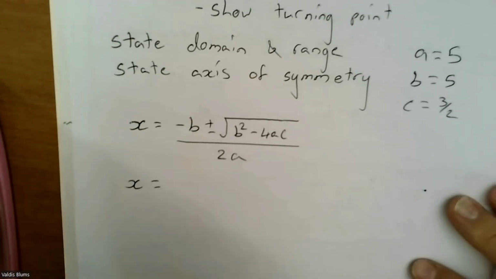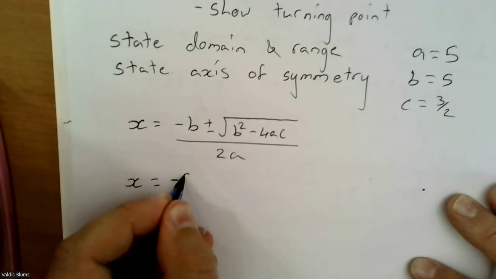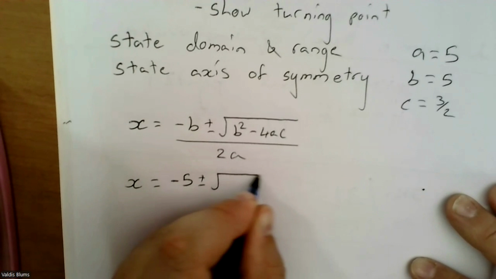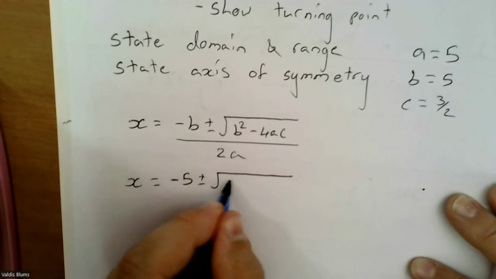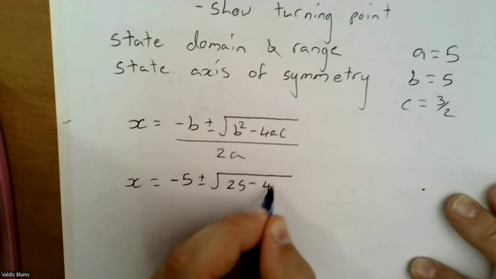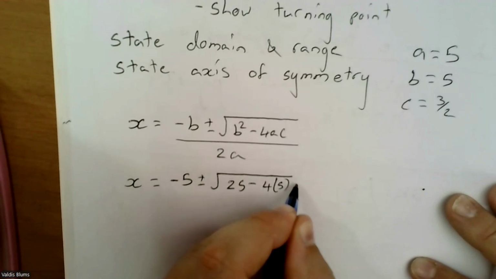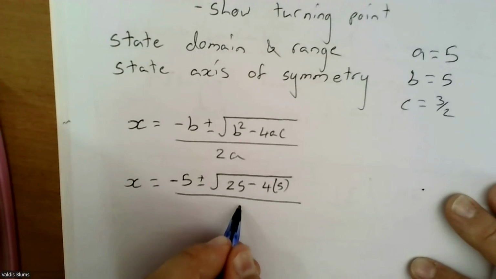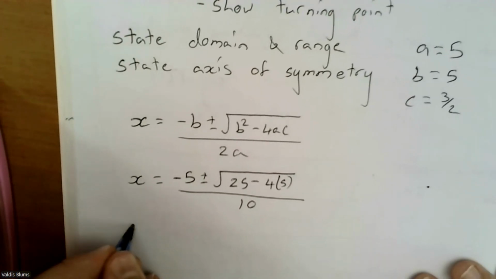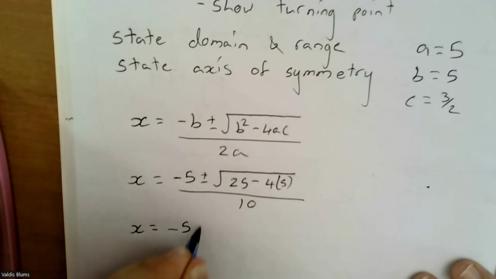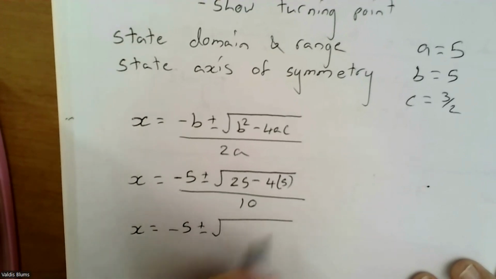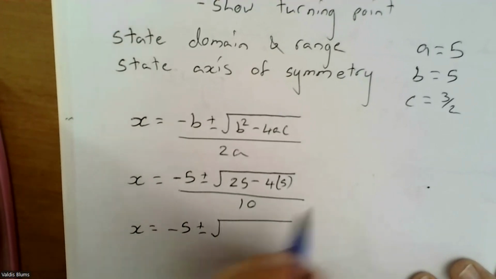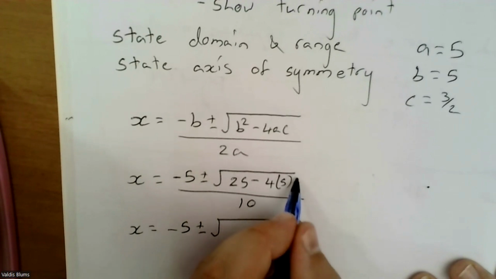Plugging these into the equation, we have negative 5 plus or minus the square root of 25 minus 4 by 5 by 1, all over 2 by 5. x is equal to negative 5 plus or minus the square root. Sorry, c wasn't 1. c was 3 on 2.